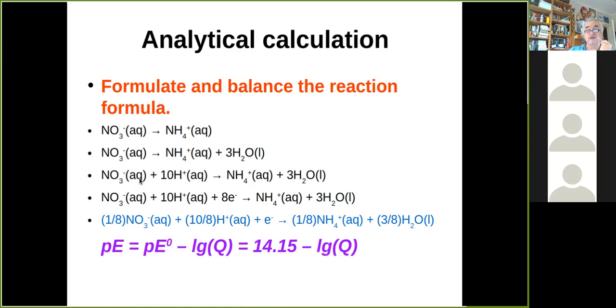And now this thing is balanced, except charge: -1 and +10, and +1 on the other side. So +10 and -1, that is +9 on this side, and +1 on the other, so +8 is left. So we need to add 8 electrons on the left hand side in order to balance.